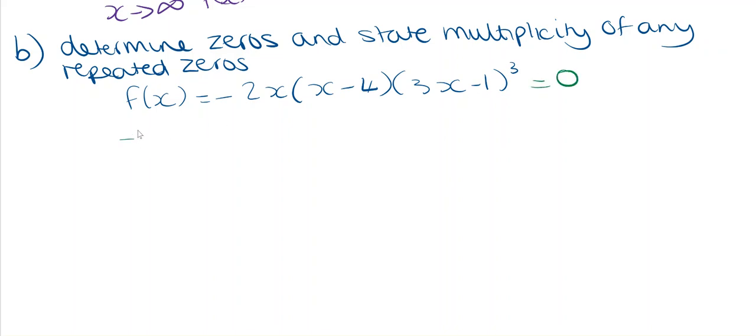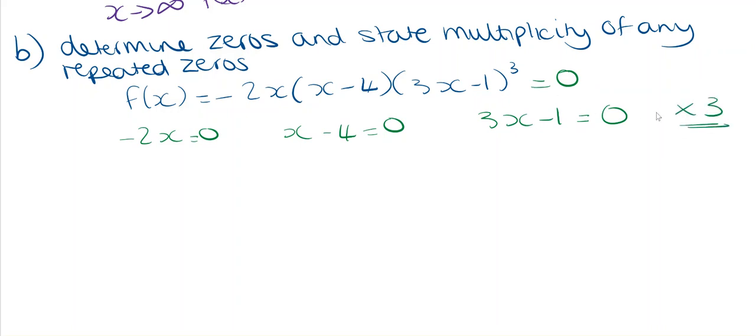So we have minus 2x is 0, x minus 4 is 0, and 3x minus 1 is equal to 0. Now it's cubed, so there's going to be 3 repeated roots. So we have x is equal to 0, x is equal to 4, and x is equal to a third.